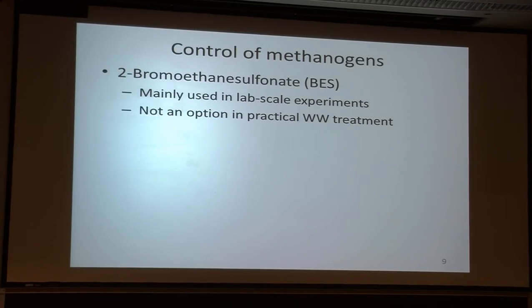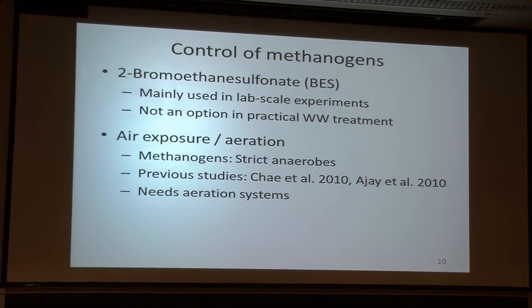In lab scale experiments, we typically use 2-bromoethane sulfonate, or BES, to control methanogens. But this is not an option in practical wastewater treatment. And since methanogens are strict anaerobes, if you use air exposure or an aeration system, you can control methanogens in the system.